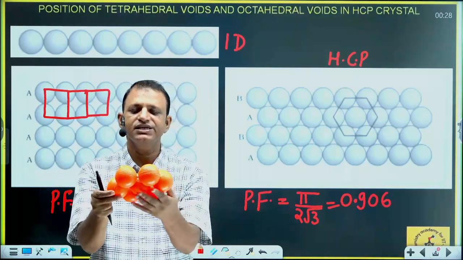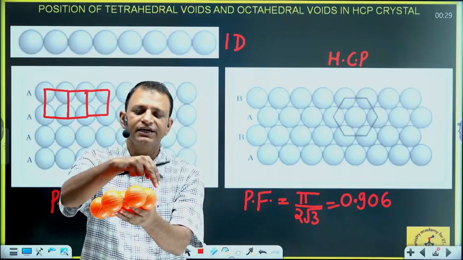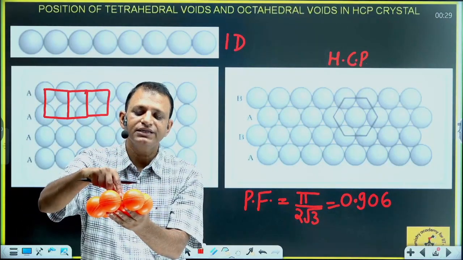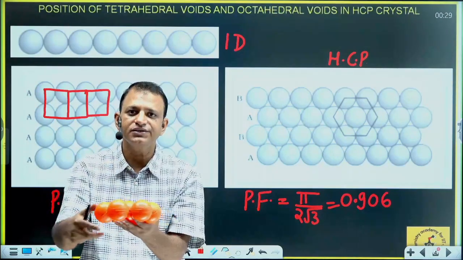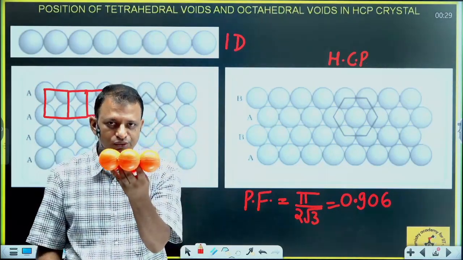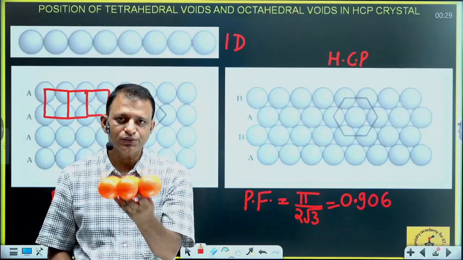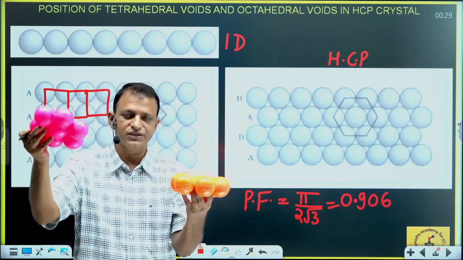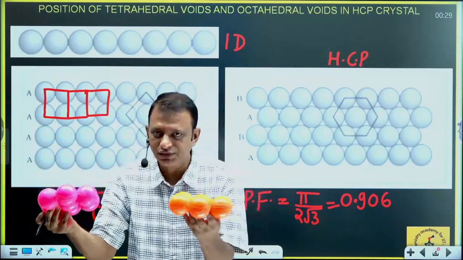You can see here that if this is A layer and this is B layer, we can say that the atoms in B layer are in the gap of A layer, right? So this is 2-dimensional hexagonal close packing, and now I am using another same layer. This is also 2-dimensional hexagonal close packing.